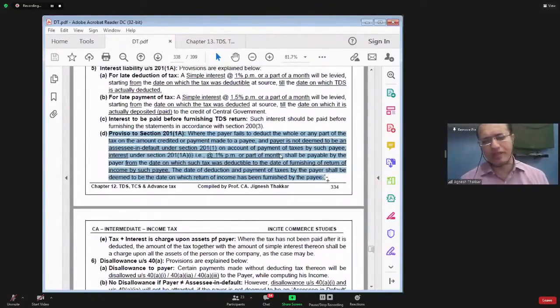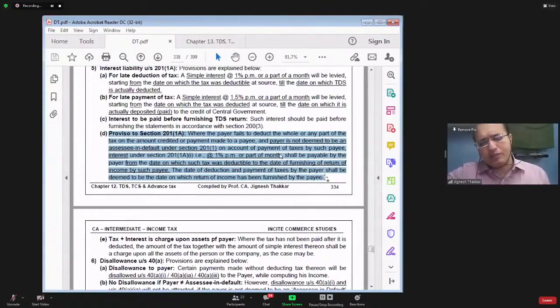Okay, now listen to me very carefully. Say for example, Inside Commerce Studies is paying me 50,000 in the month of February. And while paying me 50,000, they have forgotten to deduct the tax.